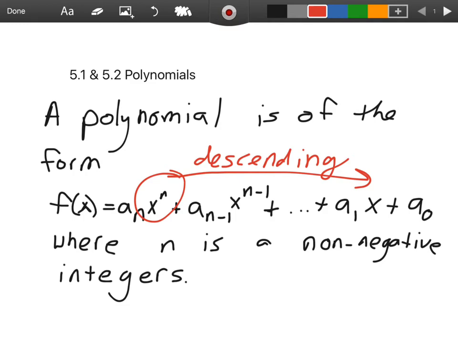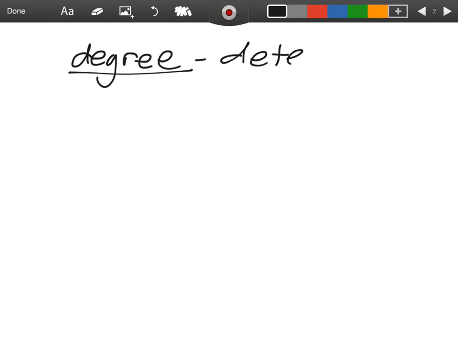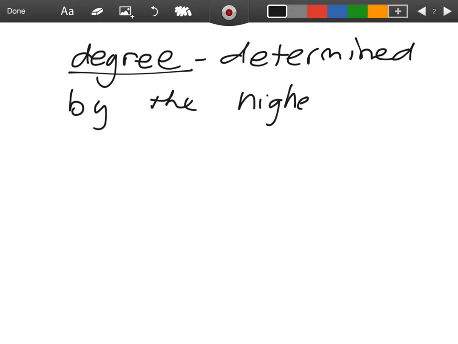Okay, so then when we talk about degree, the degree of a polynomial is determined by the highest exponent.